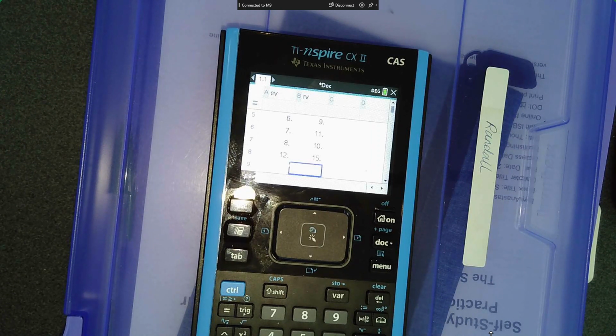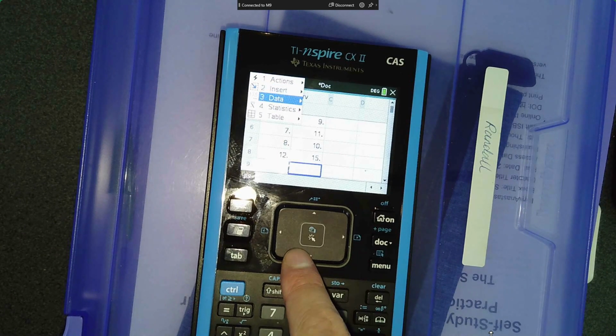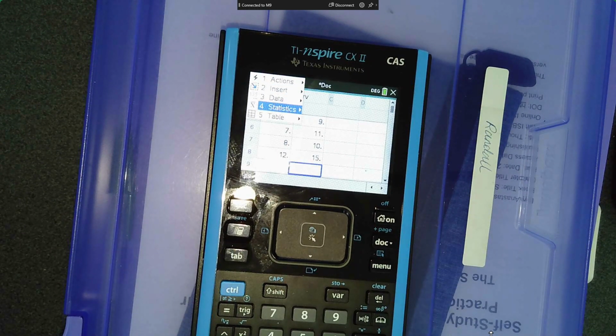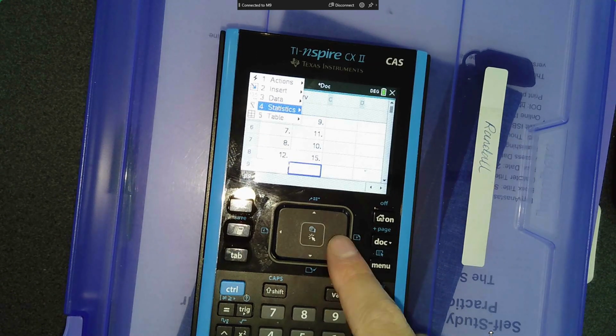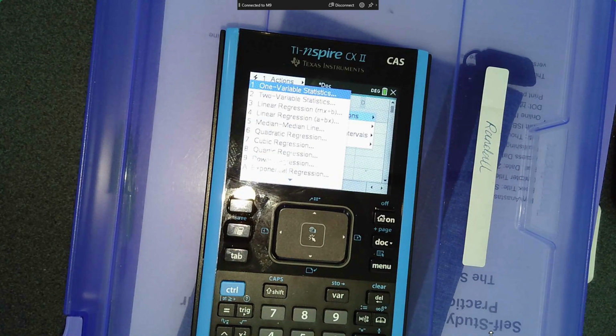Okay, so the exact number doesn't matter. The point is you've got data in both columns of your spreadsheet, and now we're going to get A and B. Here's how you do it. Menu, Statistics, Stat Calculations. It should be very familiar if you did it last year.